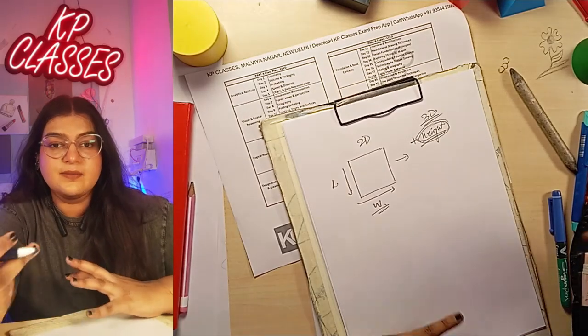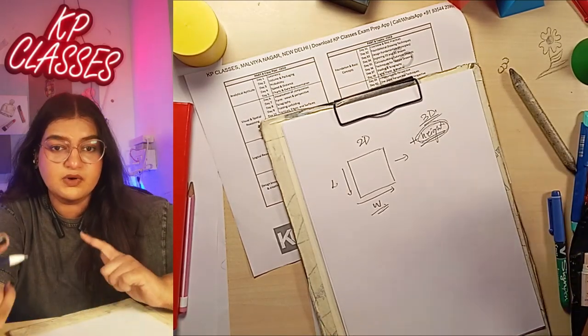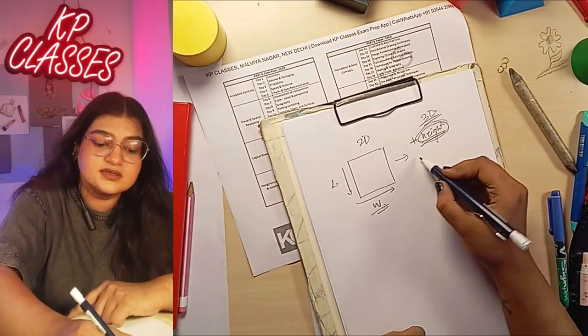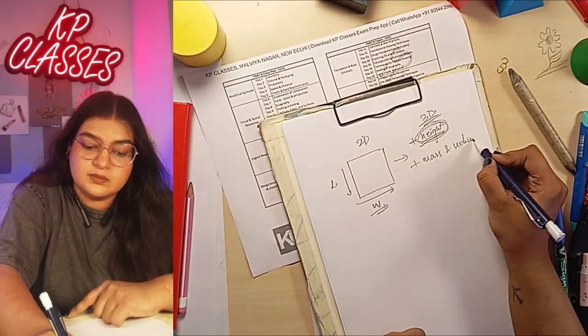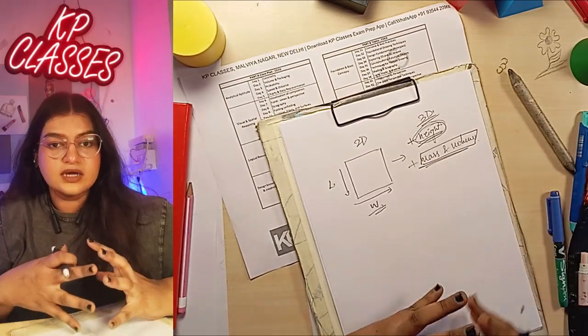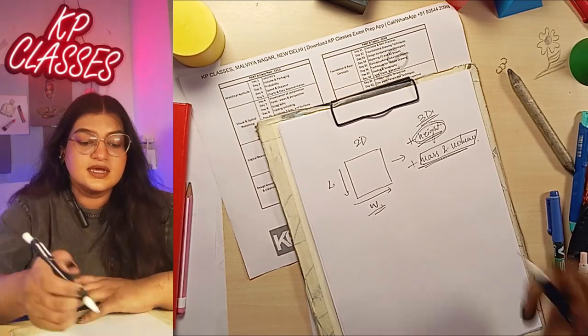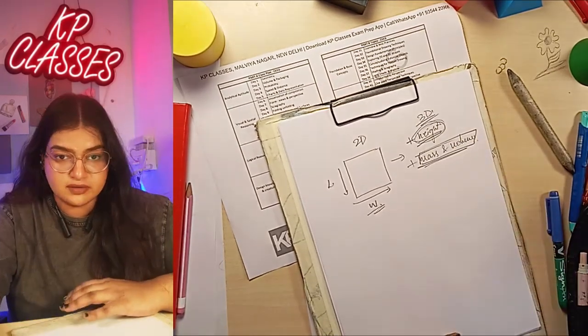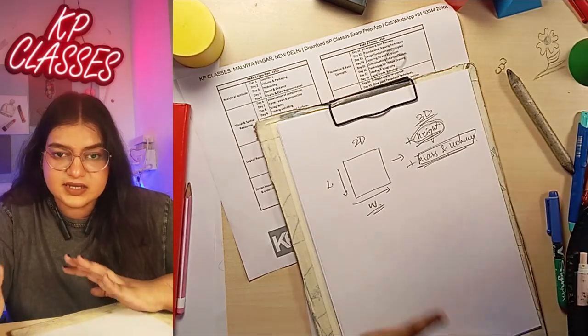Whenever I'm talking about elevation or drawing a 3D shape, we also add mass and volume. This is your basic knowledge: whenever an object is converted into a 3D format, it consists of a third dimension, which means mass and volume.